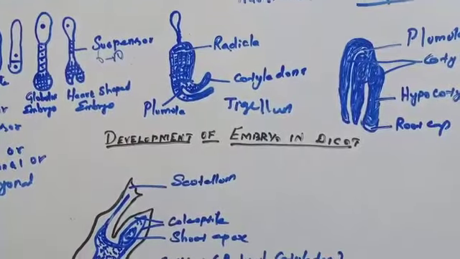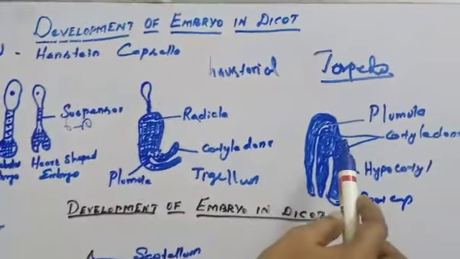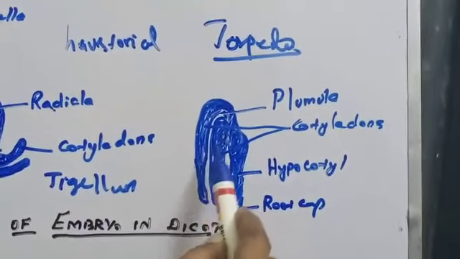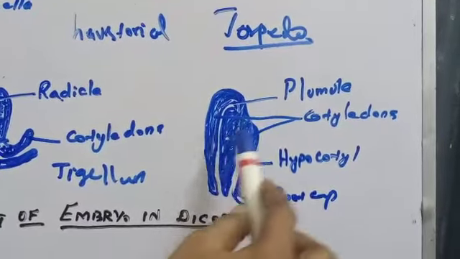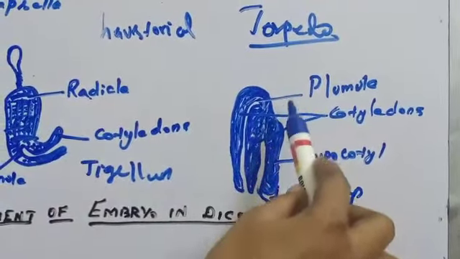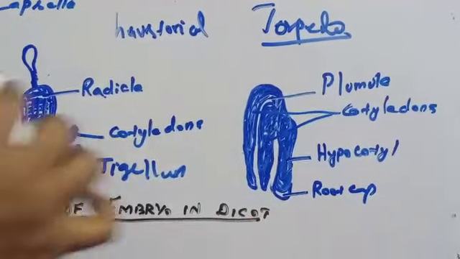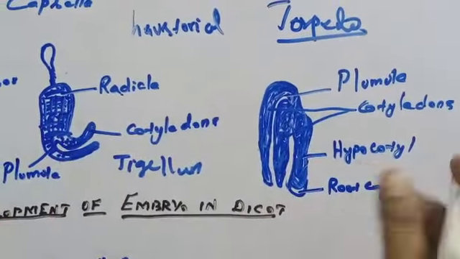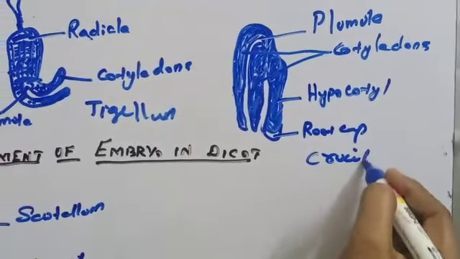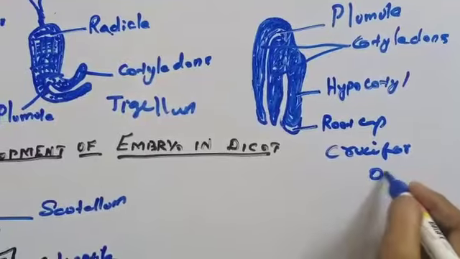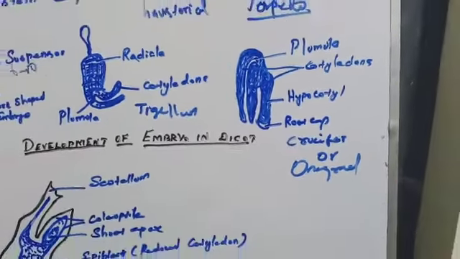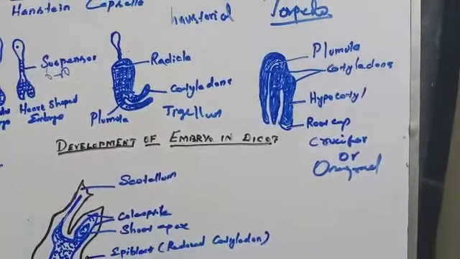Then both cotyledons are present in the lateral position of the embryonal axis, and you can see the plumule is found in the terminal position of the dicotyledon embryo. This type of development of embryo is known as crucifer type, or otherwise called onagrad type.